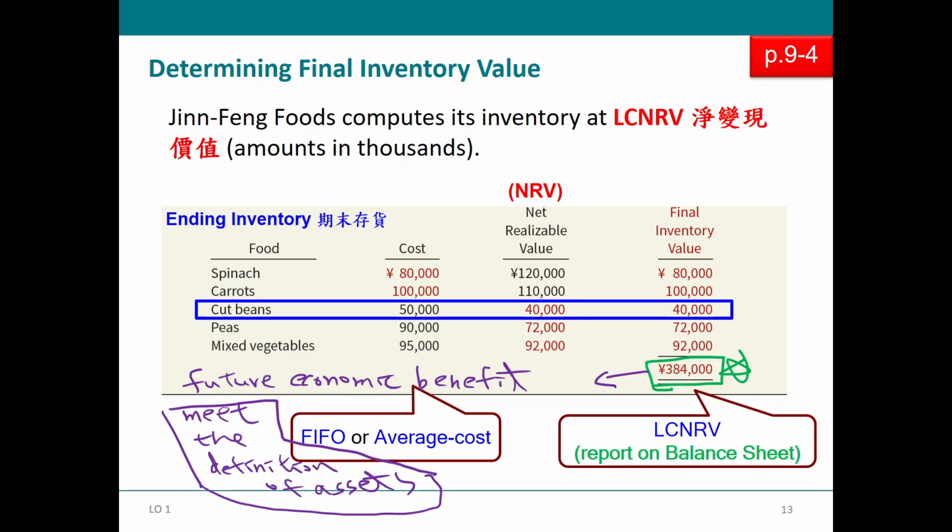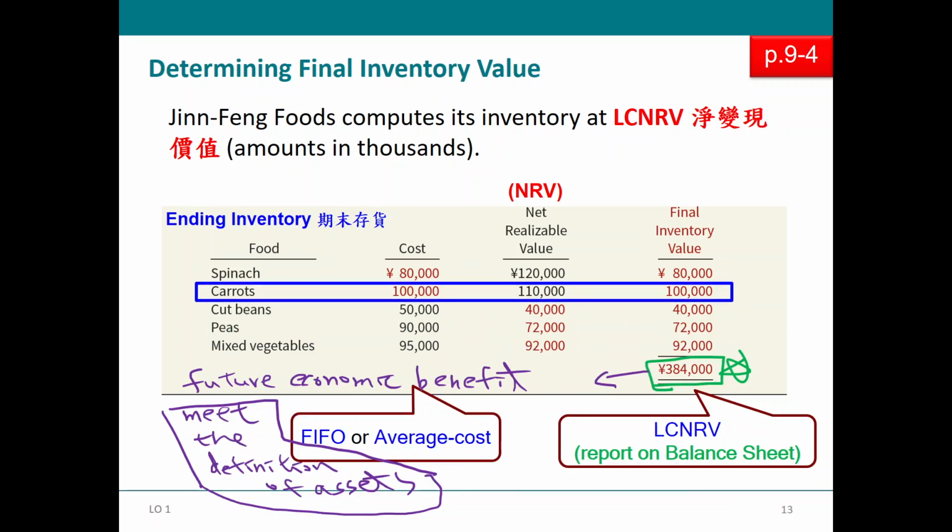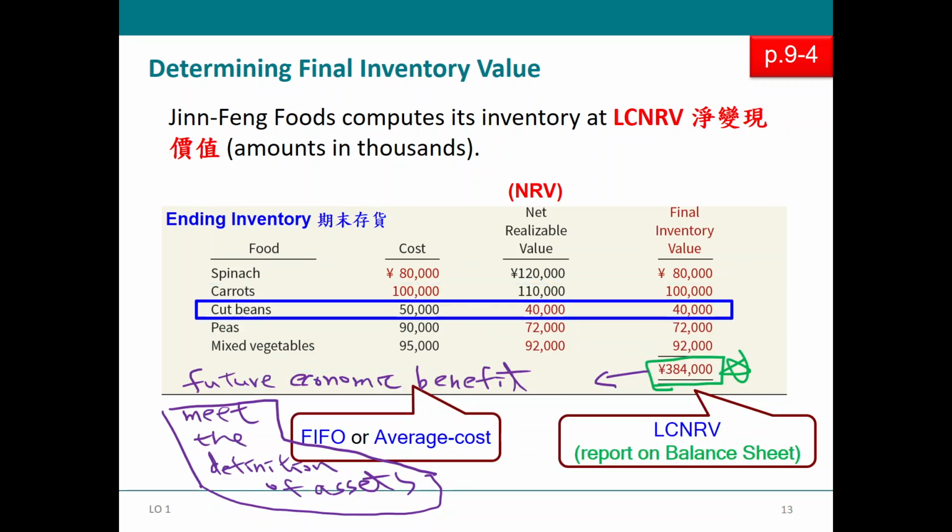Okay. And for this method, did you find out we compare each item, right? So for the first one, we compare cost and NRV. For the second one, we compare cost and NRV. For the third one, we compare cost and NRV, and so on.